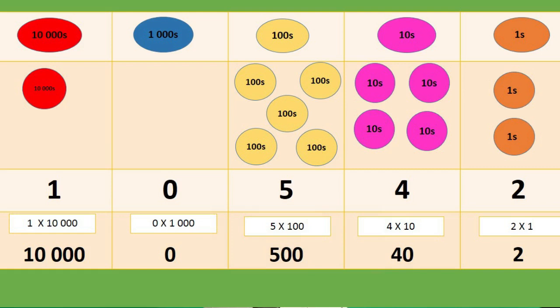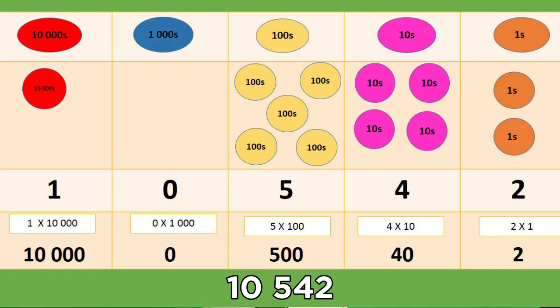The value of 0 in thousands place is 0 because 0 times 1000 is 0. And the value of 1 in 10,000's place is 10,000 because 1 times 10,000 is 10,000. And the sum of their value now is 10,542. Did you get it, learners?